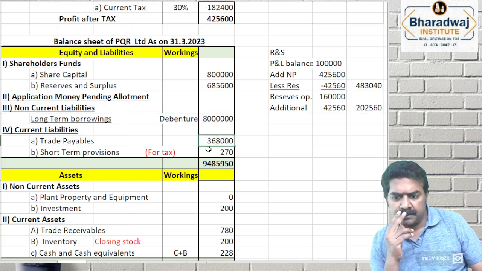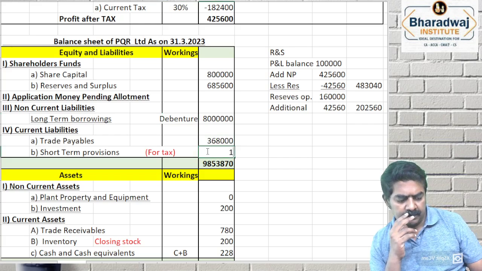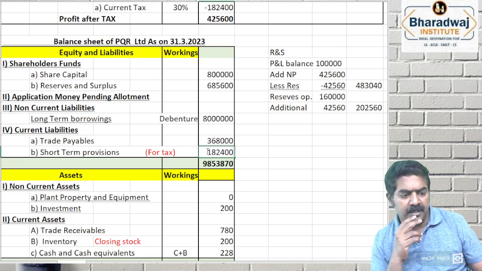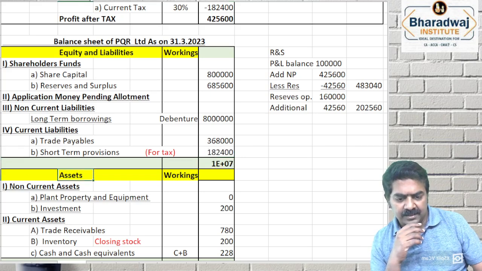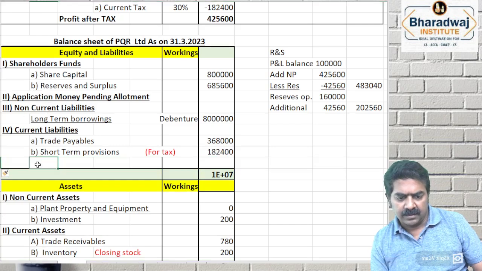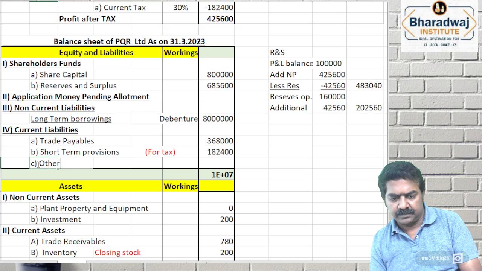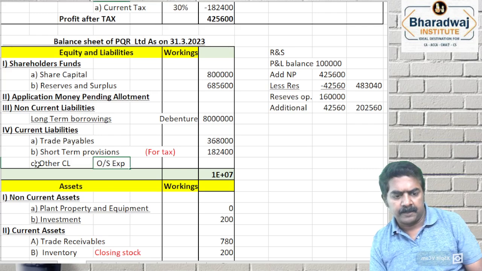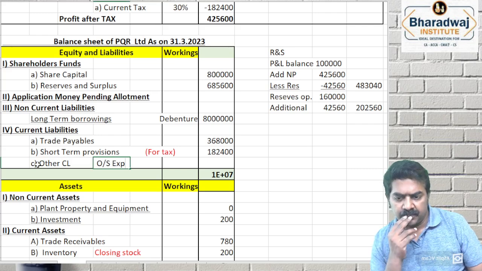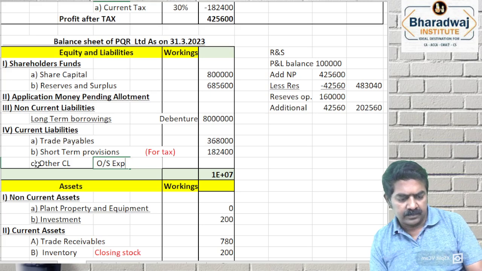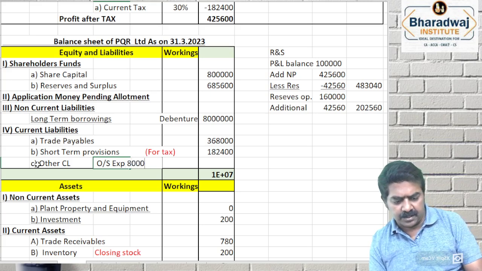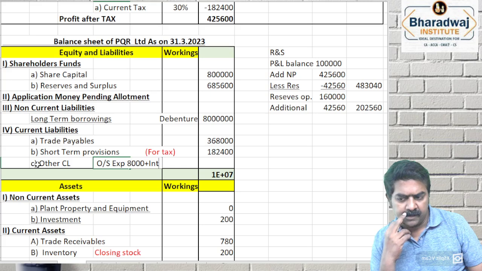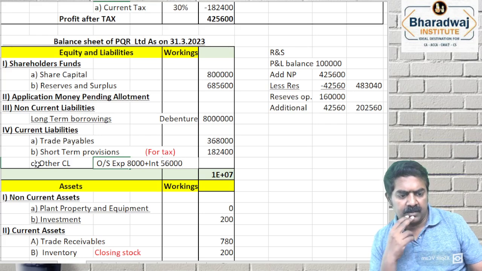Short-term provisions? Bad debts will be reduced from debtors. Other current liability there இருக்கா? Outstanding expenses எவ்வளவு இருக்குங்க? How much? 8,000. அப்புறம் interest accrued, interest pay பண்ண வேண்டியது. வேற ஏதாவது இருக்கா பாருங்க.